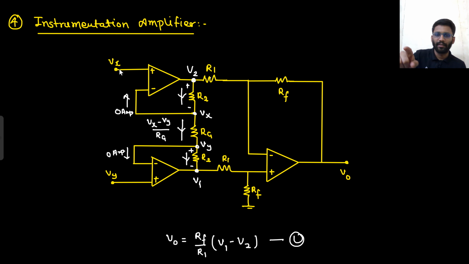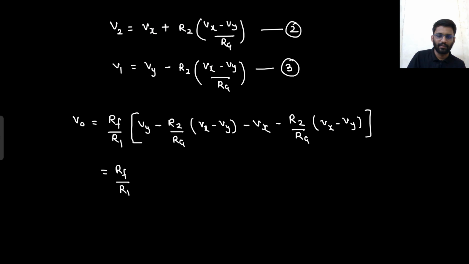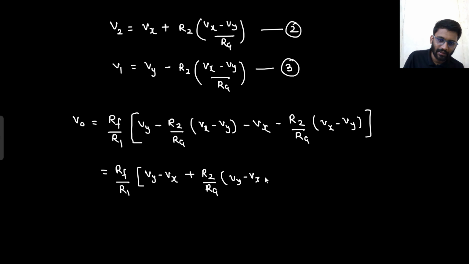What do I actually need? Vy minus Vx. This is Vy, this is Vx. So I am taking Vy minus Vx common here. Now I am taking minus common from it. So what I will get? Plus R2 by Rg into (Vy minus Vx), and the same thing I am going to do with this one. It will give plus R2 by Rg into (Vy minus Vx).